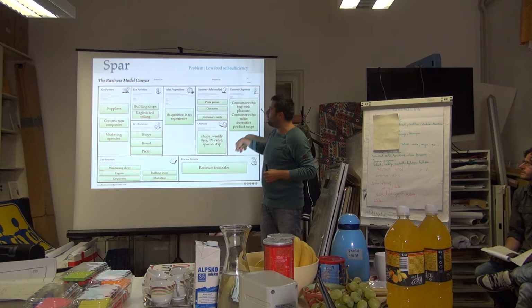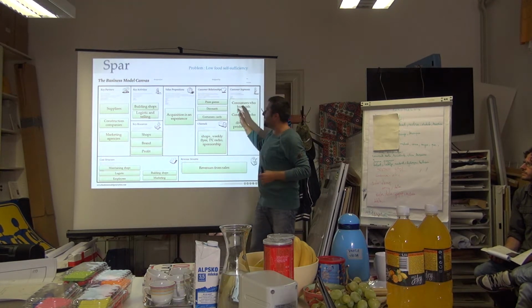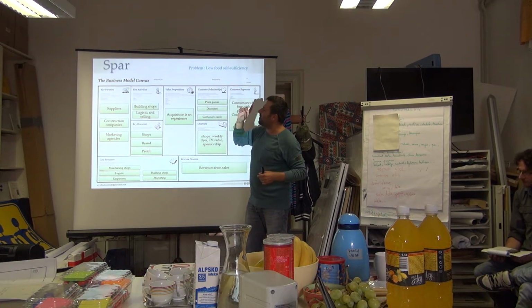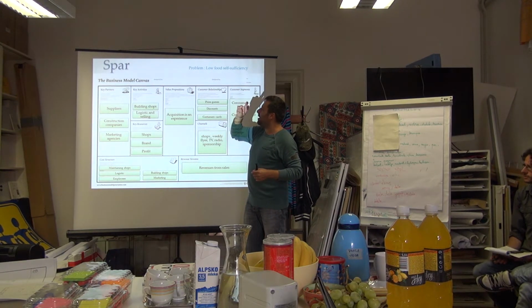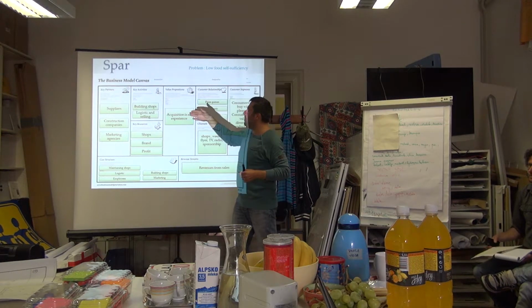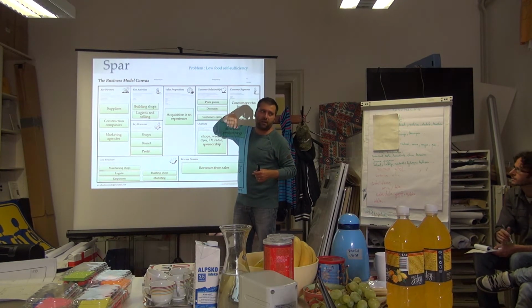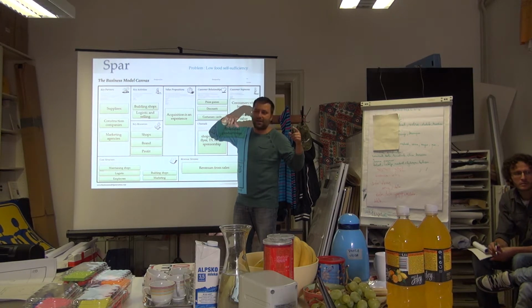From the whole canvas, I will just explain the value proposition and customer segments, and I will use two big retail companies. One is Spar and one is Hofer. Do you know the Spar and the Hofer?